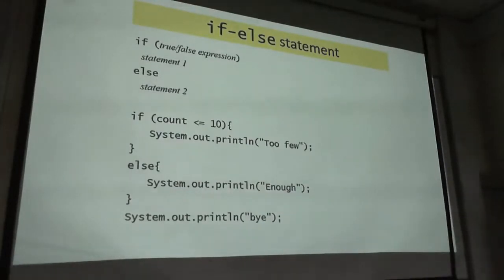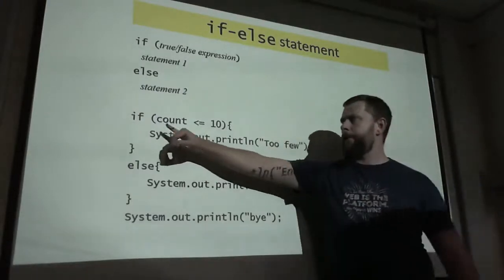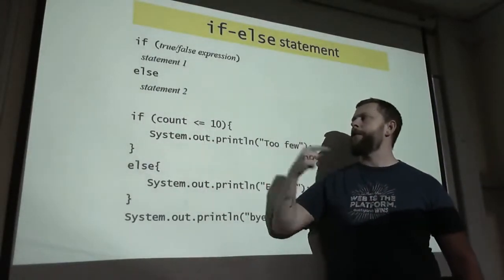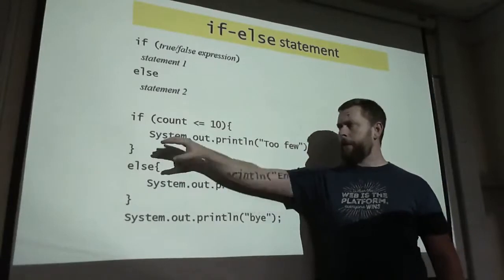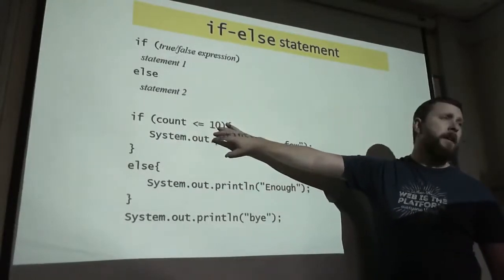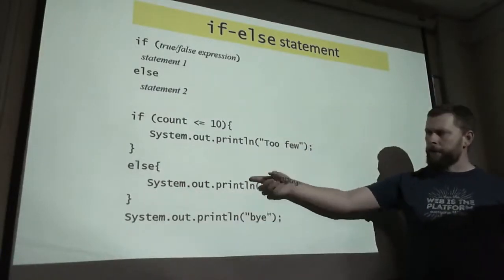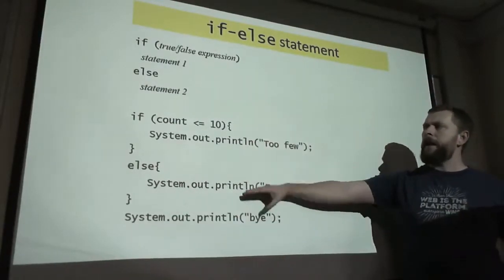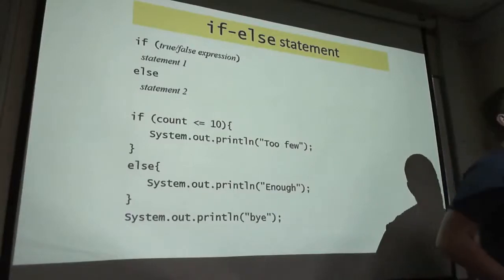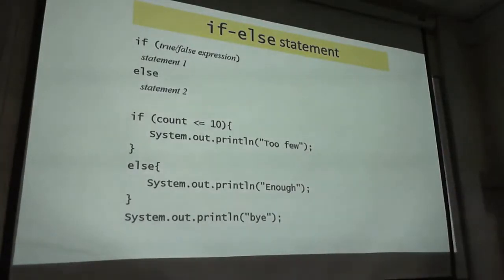We've covered all the options that we have here. But if you have code like this, where you've got an if keyword, you've got your statement to evaluate, you've got your curly blocks with curly brackets, with some section of code in there, you've got your else keyword, you've got your curly brackets, and you've got another section of code here. It is impossible to get the program to run both of them in one go. It will do one or it will do the other. It will never do both.